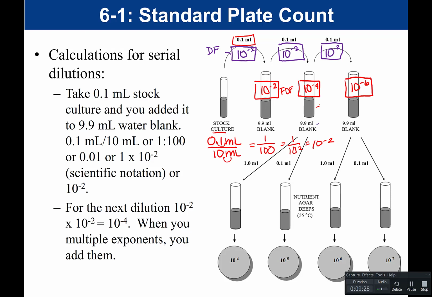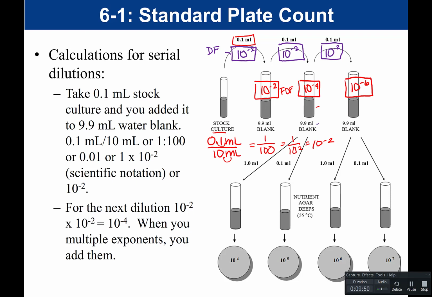We diluted it 10 to the negative 2 more. So the final dilution is going to be 10 to the negative 4, because we didn't start with the stock. We started with a sample that was already diluted. And so this is how we calculate our dilution factors.